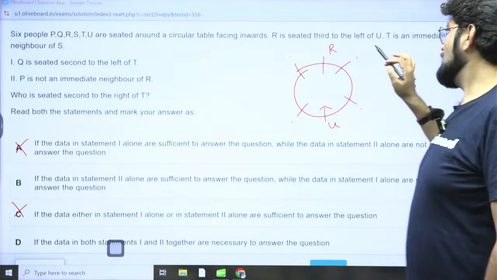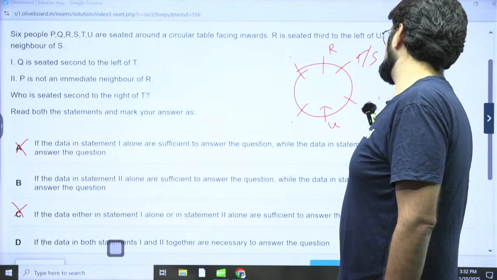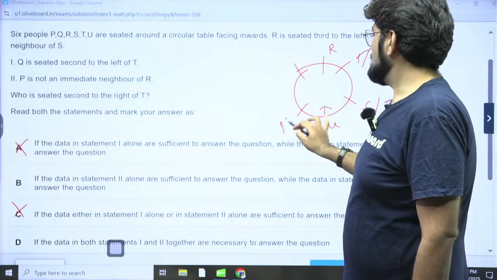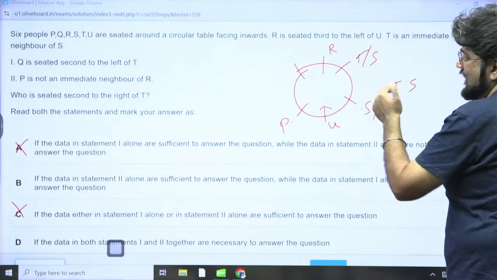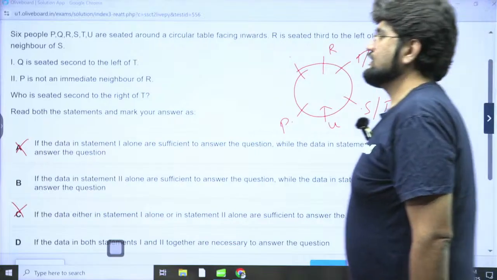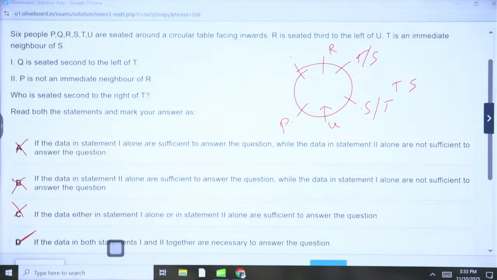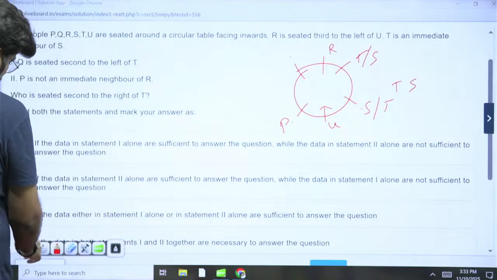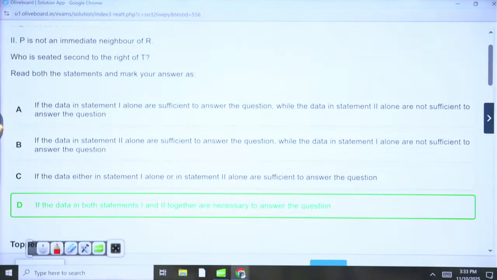If I have T and S here or S and T here, it does not matter, but P will then be here. So if this is T, who is to the right of T? It can be R, and there is no definition for that. Okay. So I think this alone is also not sufficient. So both together have to be the correct answer.